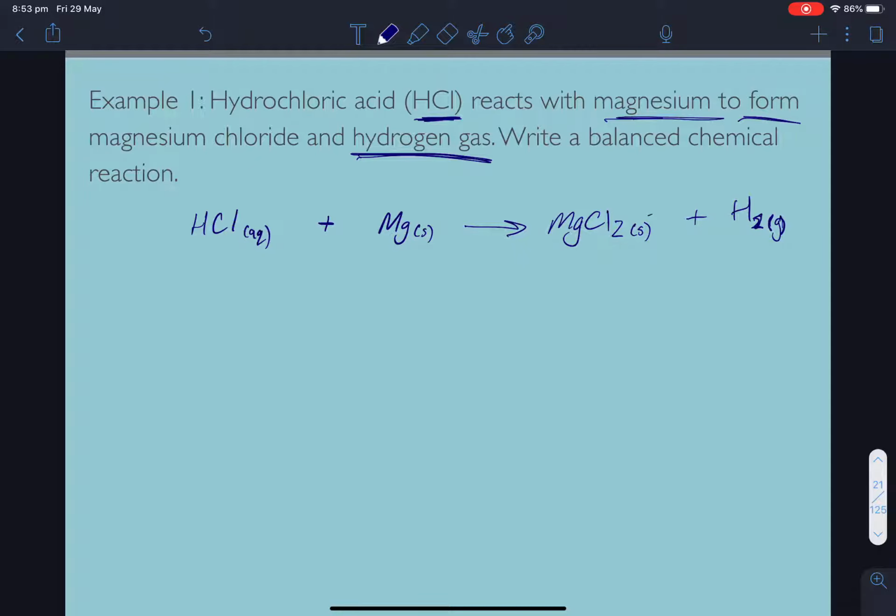Because the only attractive force between 2 hydrogen molecules, from our last module, we know is dispersion forces, very, very weak. Not much holding it together, so it's a gas. I've got my correct formulas for each and I've got them in the right space. Now it is time to balance.